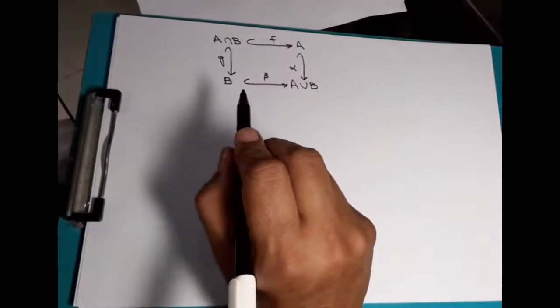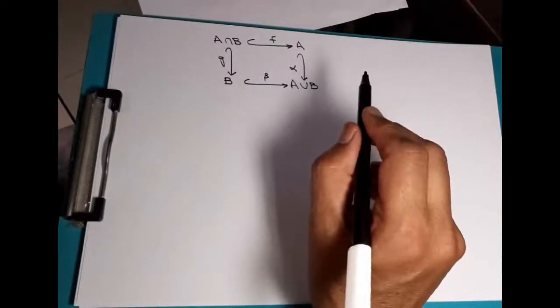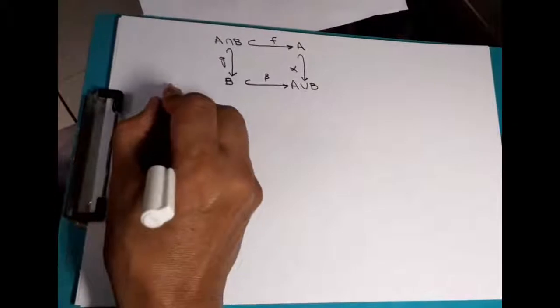So what we are saying is that this diagram is a push out diagram. What is the reason?